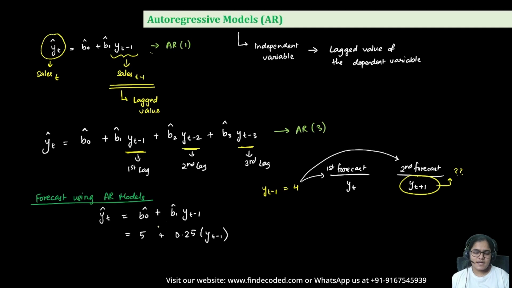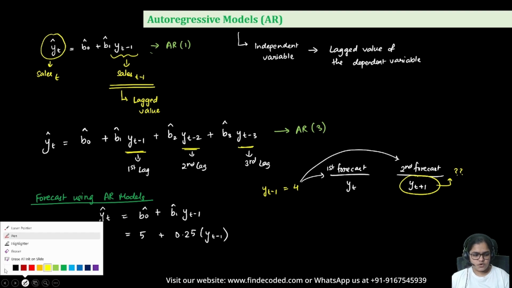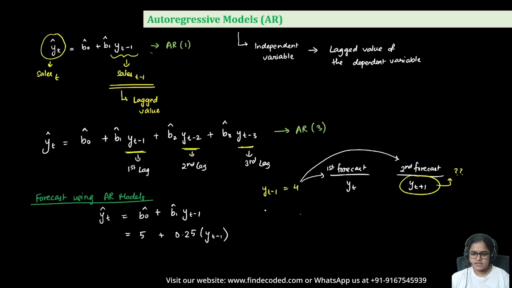Now I cannot calculate what is yt plus 1 directly. First I need to know what is yt, correct? Using this equation I cannot calculate what is yt plus 1, because if I want to follow similar logic, then in order to calculate what is yt plus 1, my regression equation will look something like this, because I need up to the first lag. So first of all, I need what is yt, no?